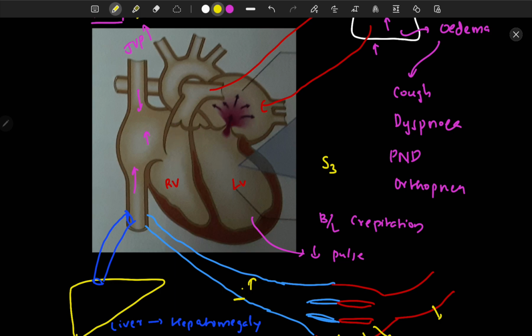One more point to note is that in advanced cases, you can see pathological dilatation of the heart. This is the mitral ring, the mitral annulus.